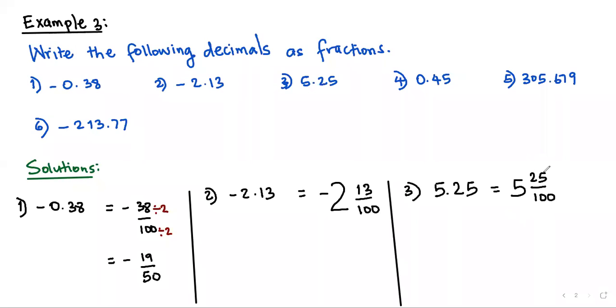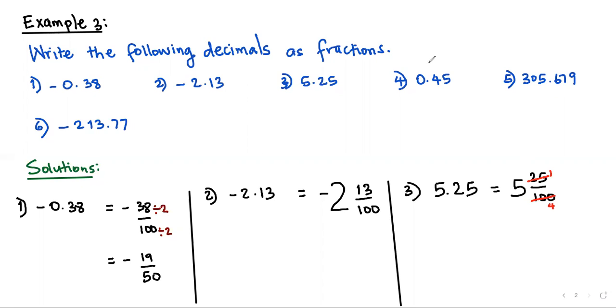If we divide 25 by 25, we get 1. What about 100 divided by 25? We get 4.